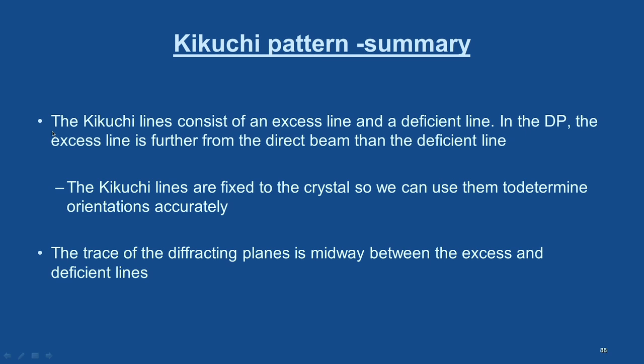And to summarize, the Kikuchi lines consist of an excess line and a deficient line in a diffraction pattern. In the DP, the excess line is further from the direct beam than the deficient line. The Kikuchi lines are fixed to the crystal, so we can use them to determine orientations accurately. The trace of the diffracting planes is midway between the excess and the deficient lines.